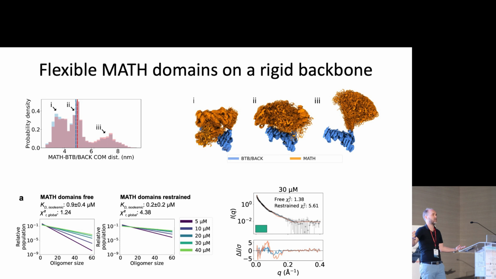So we ran two sets of simulations, one where we tied it down to the backbone and one where we let it be free. And we could very clearly see, shown here with these chi-square values, that the fit to the SAXS data was just a lot worse if we restrained them as opposed to having them mobile. So although SAXS is a low-resolution technique, it allows us to see these kinds of differences even for a very large system like this.